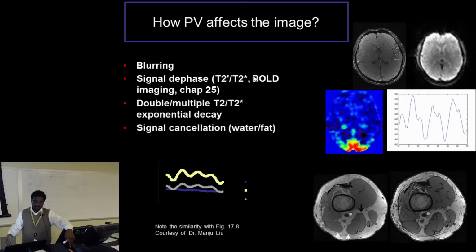A similar case you can see more explicitly in chemical shift, and I think these are essentially the same. More or less all of these are referring to the same thing, essentially a consequence of signal summation of different types of tissue which have different phases. So it can lead to either signal cancellation or signal addition, so you'll see an oscillatory behavior.